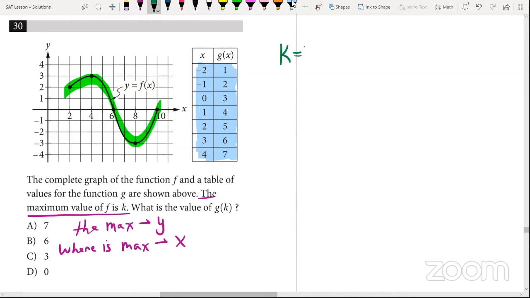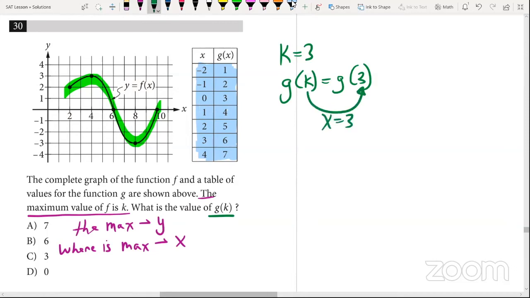So k is 3. Now we're going to g of k. They're saying, what's g of k? So if k is 3 and we need g of k, then that's g of 3. So we're going into the g function, which is the blue chart now. And in f of x notation, if I give you a g of x, or g of k, what have you, and then I say substitute 3 into the parentheses, what we're really saying is that x is 3.